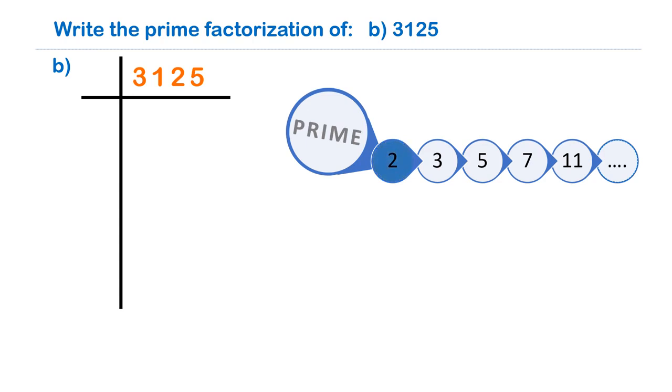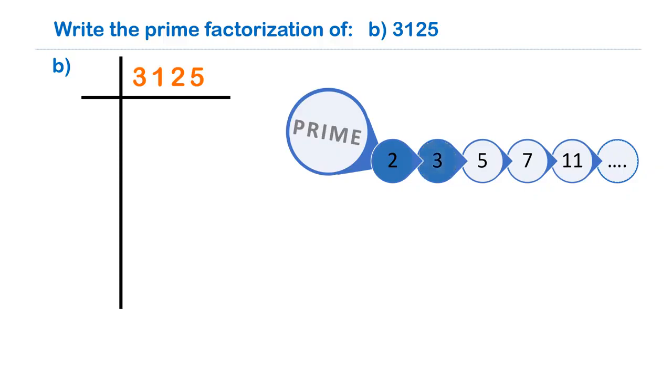So we check it with the next number 3. To check whether it is divisible by 3 or not, we use the divisibility test of 3. So we add the digits. 3 plus 1 plus 2 plus 5 is equal to 11. And 11 is not divisible by 3.